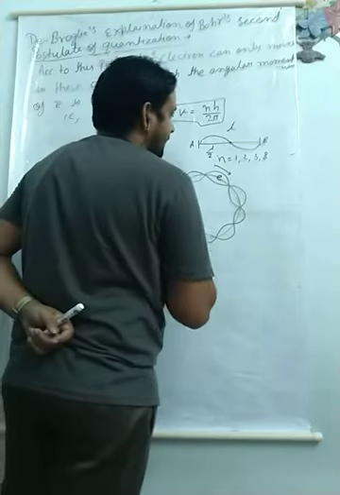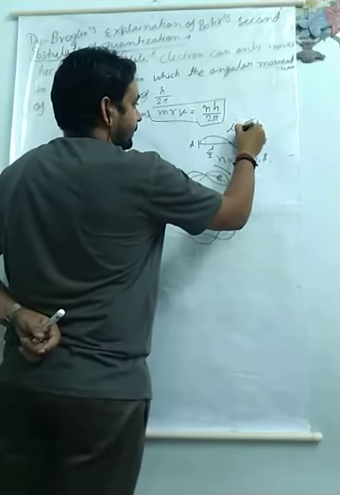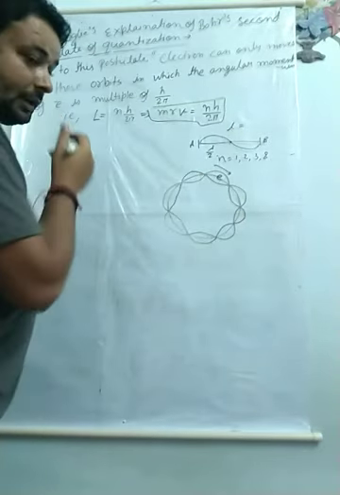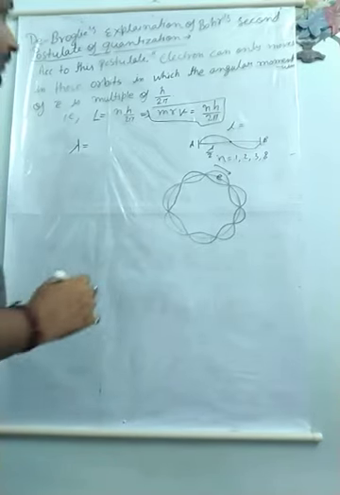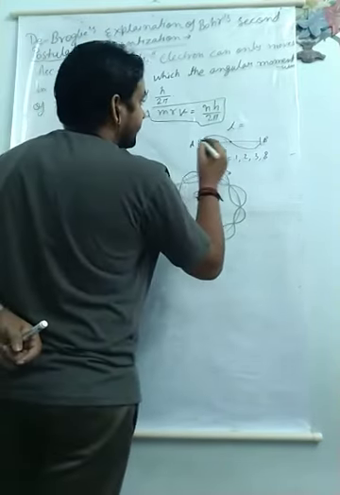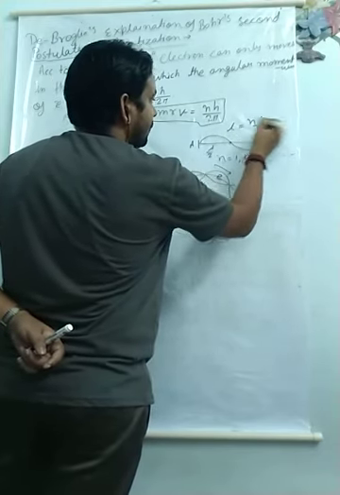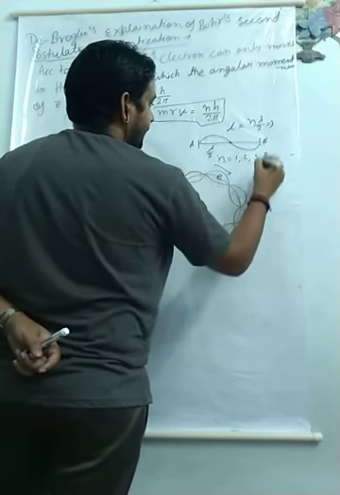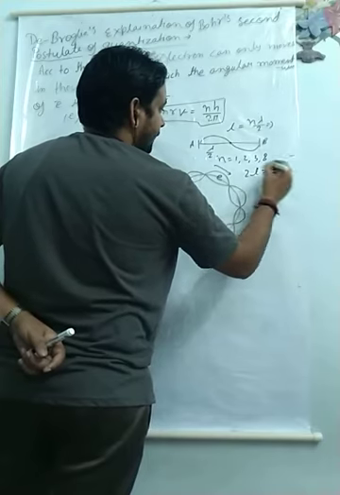So in this case it is observed that the length of the string is n lambda by 2. On solving this we get 2L equal to n lambda.